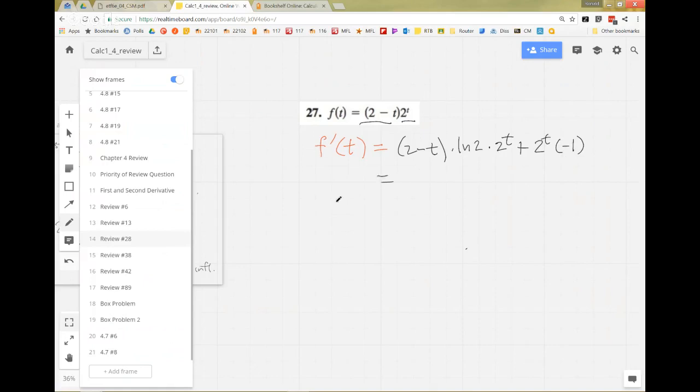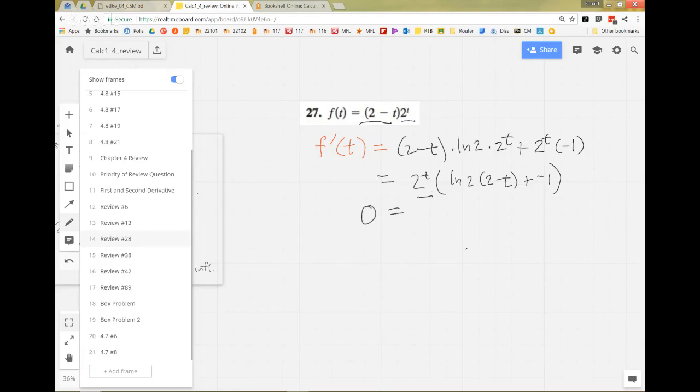Okay, so we got all kinds of things going on here, but we can factor a 2 to the t out. And what's left is natural log of 2 times 2 minus t plus negative 1. Okay, now the big issue here is, when is this equal to 0? Well, when will 2 to the t ever be 0?